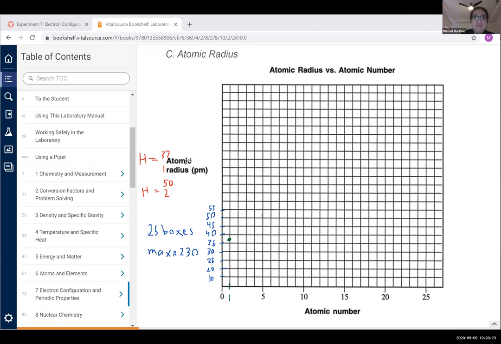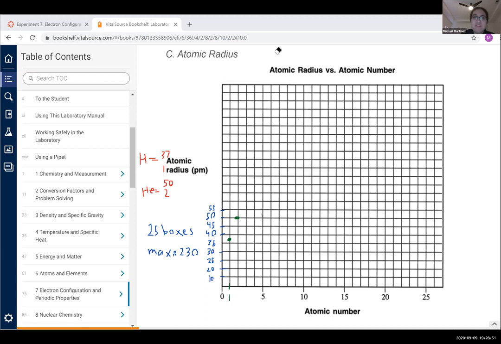Helium has an atomic number of 2 and a radius of 50, so I'll plot that like here. And then to my plot, I'm going to add not a best fit line in this case, but instead just a trend line that connects each of my points.